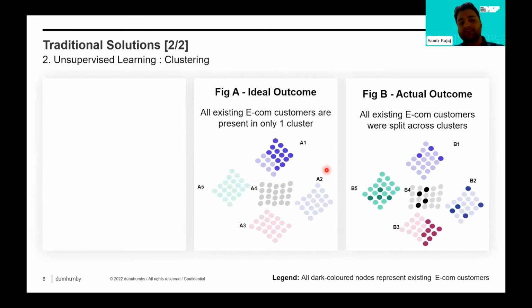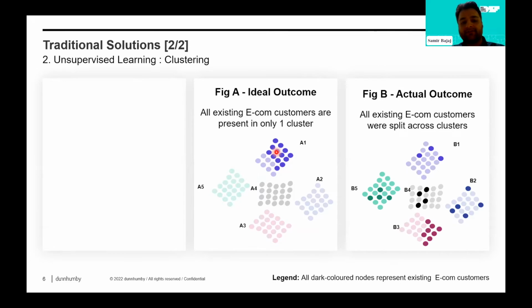Second possible solution to the problem statement at hand is that we do clustering. But it would only work if we are able to prepare clusters such as those appearing in figure A. Here, the nodes which are dark in color are the customers who are presently online shoppers.